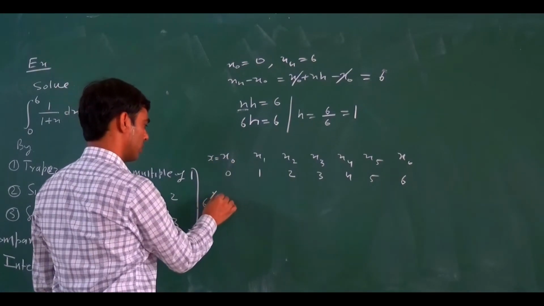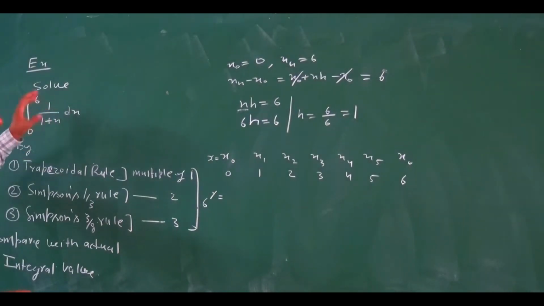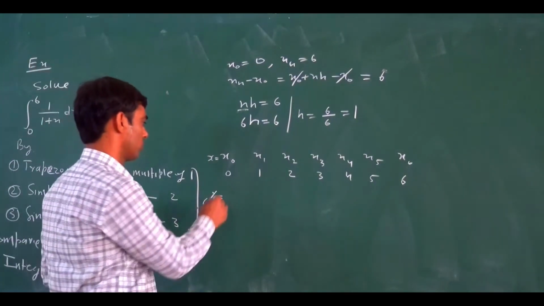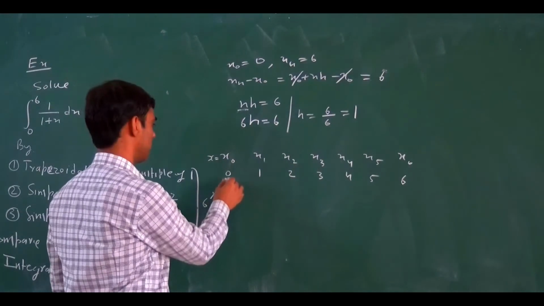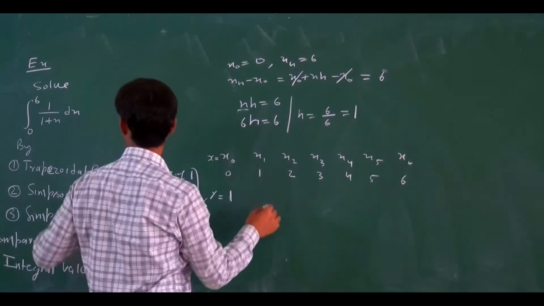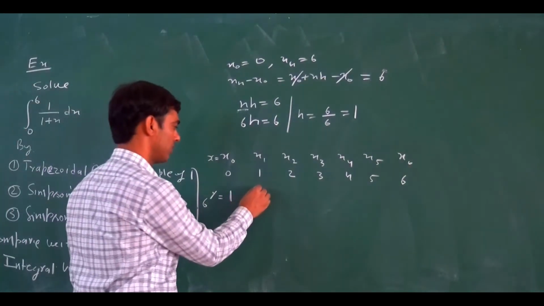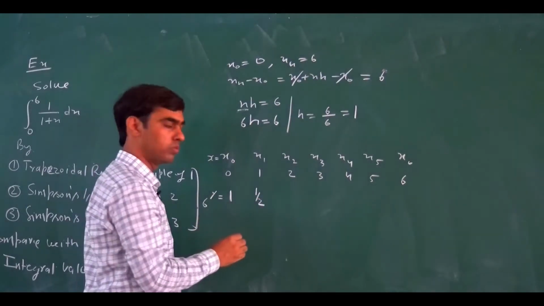Now y. What is the value for y? In the integral of y dx, here y is 1 upon 1 plus x. So 1 upon 1 plus x, if we put x equal to 0, then the value is 1. If we put x equal to 1, then 1 upon 1 plus 1 becomes 1 by 2.